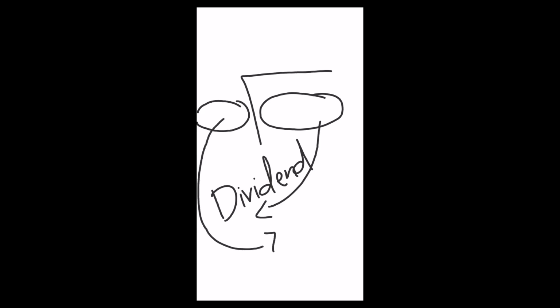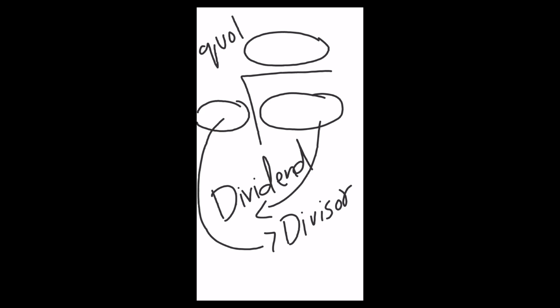This place is called divisor. And whenever we write the answer upside the box, the upside place where we write the answer is always called quotient. What do we call it? Quotient.